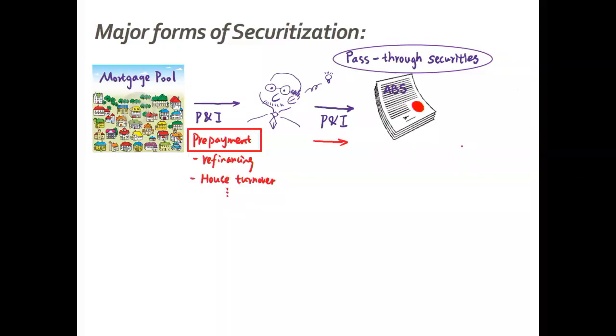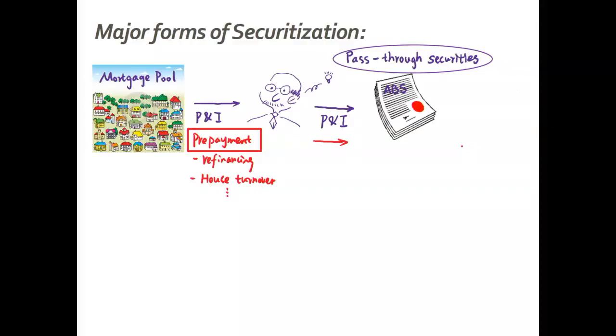So because of this, most of the time during periods of low interest rates, investors tend to receive more prepayments. And now let's talk about the benefits and costs of prepayments. Okay? So what are the benefits and costs of prepayments?